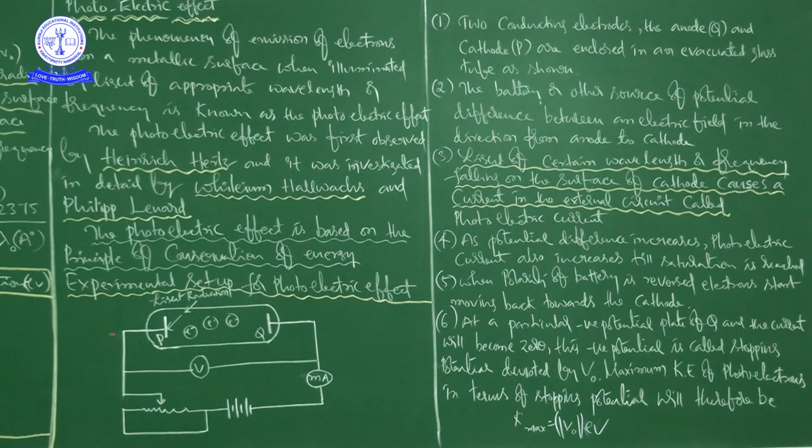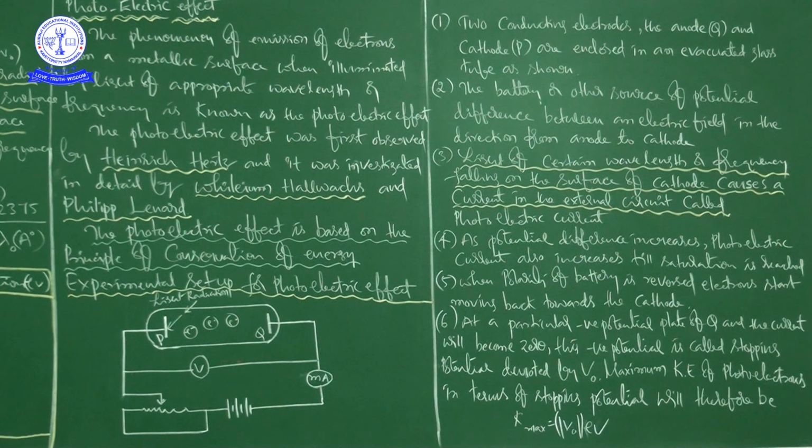This P is exposed to electromagnetic radiation, and from this P, the cathode, emission of electrons takes place. You can see the remaining things present in the experimental setup.